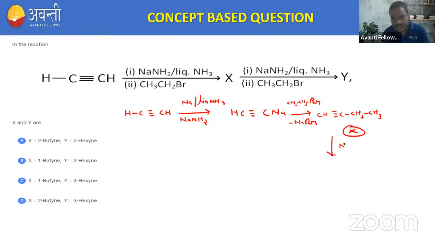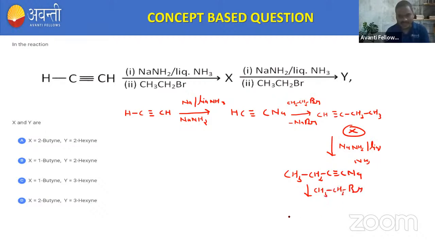Now similarly, if I treat this again with NaNH2, tell me quickly, what will we get? Again we get a C triple bond C Na, so we can write CH3CH2 C triple bond C Na, right? And in the last step, when it is treated with CH3CH2Br, NaBr will leave, and we are left with CH3CH2 C triple bond C CH2 CH3. 1 2 3 4 5 6, that is hex-3-yne, right?